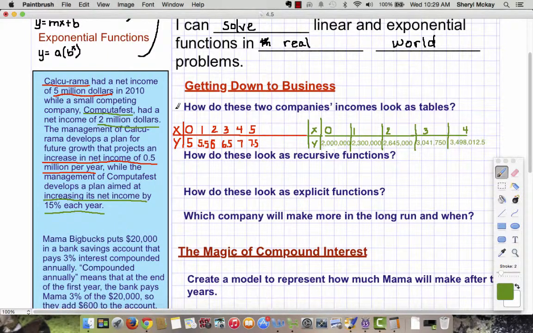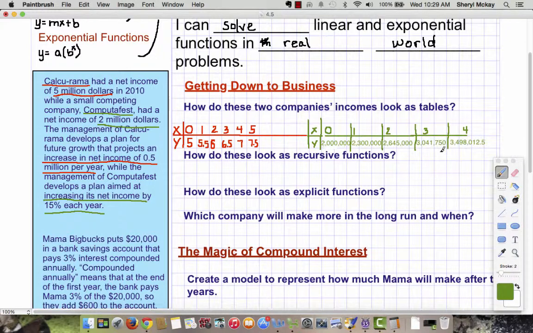Okay, so I went ahead and erased what I had written and typed it out because I wanted it to be readable for you. So in year 0, they made 2 million. In year 1, 15% of 2 million was 300,000, so I added that to the 2 million and I got 2,300,000. In year 2, I took 15% of the 2,300,000 and I added it and I got 2,645,000.